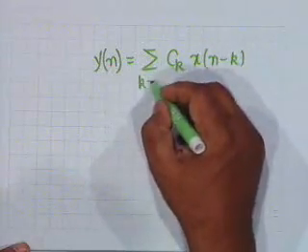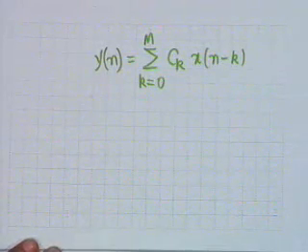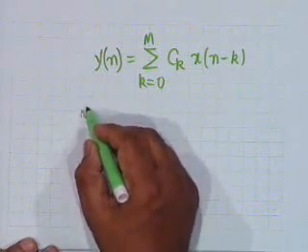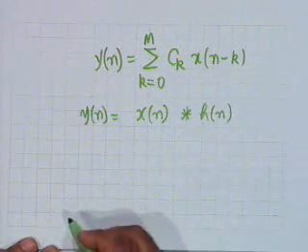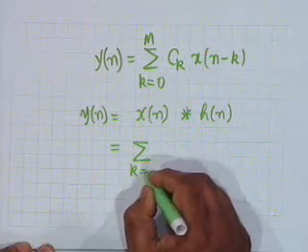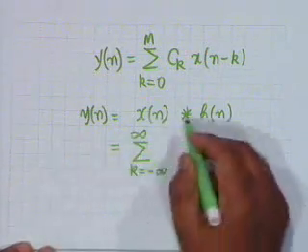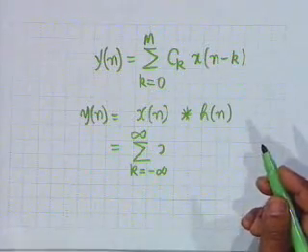Then I can rewrite this equation as y of n equals summation c_k x of n minus k, k equals 0 to, let's say, capital M. If you recall the convolution relationship, if I have an x of n, then y of n is given by the convolution of x of n with h of n, the unit impulse response, and the equivalent summation is k equal to minus infinity to plus infinity x of n minus k h of k, or h of n minus k x of k.